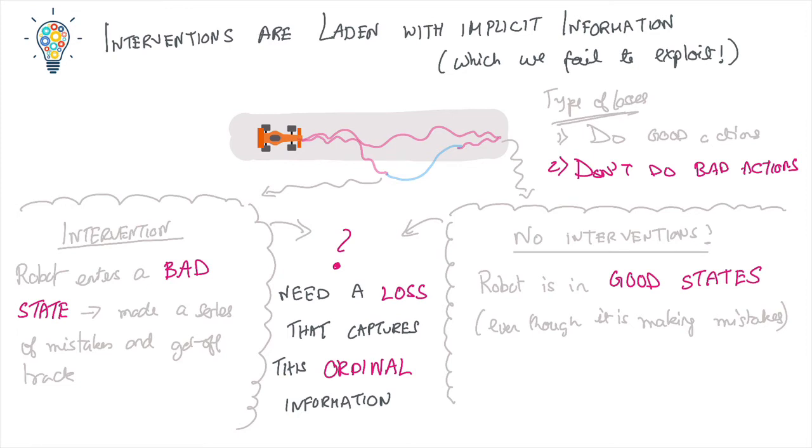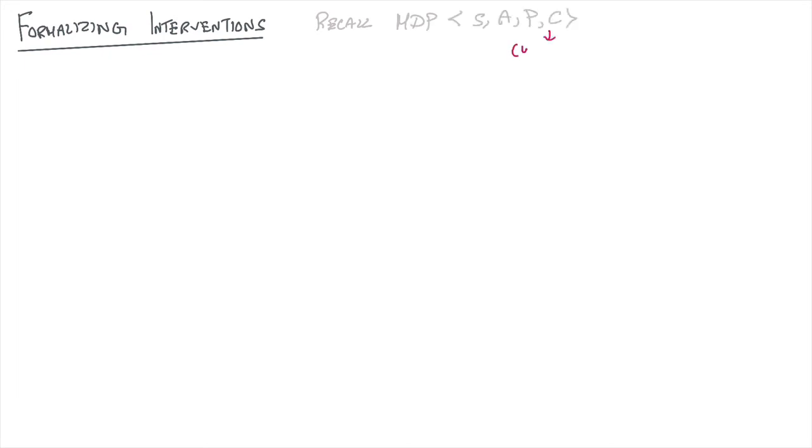Let's try to formalize this intuition within the familiar framework of an MDP. So recall that an MDP, or Markov decision process, is a tuple of state, actions, transition probability, and costs, where costs are unknown in the mind of the human.